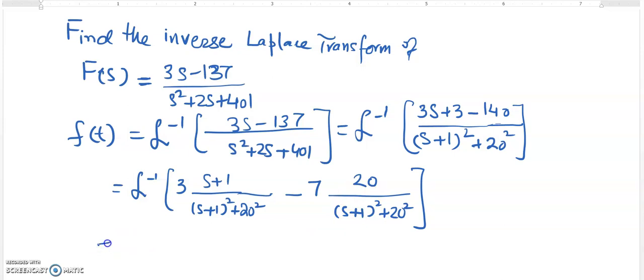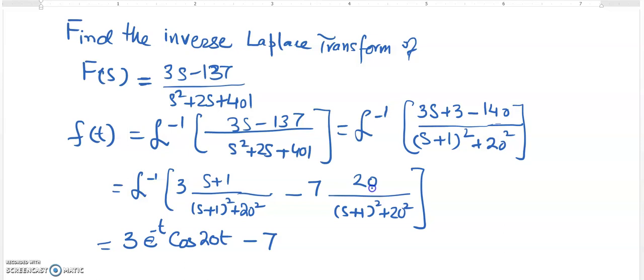So now I can write it like this: 3, and this is for cosine, but with s shifting it should be e power minus t times cosine omega t, where omega in this case is 20, so cosine 20t.